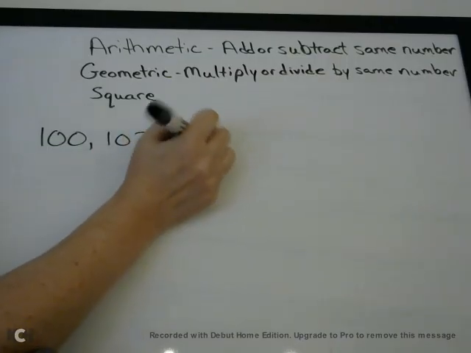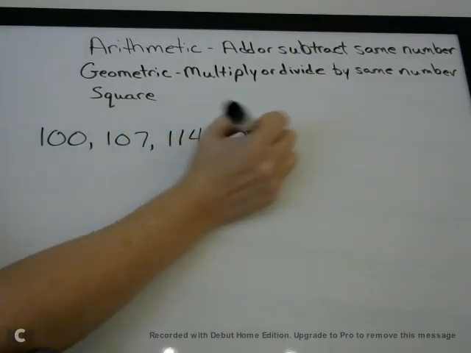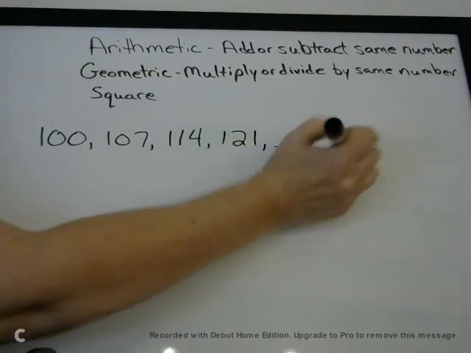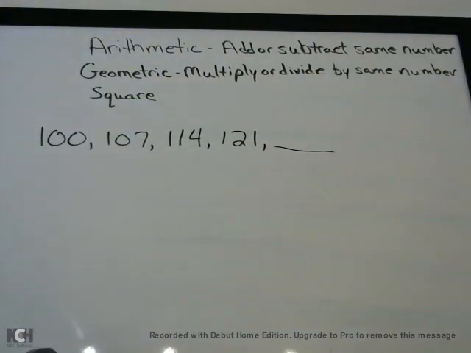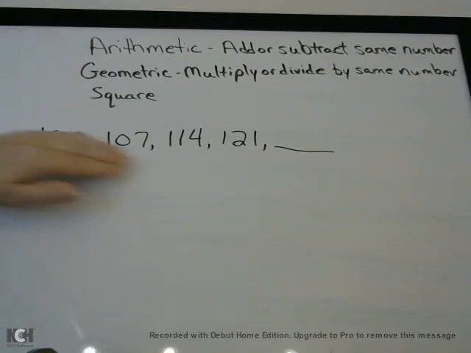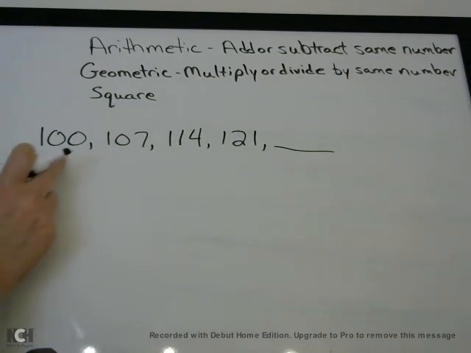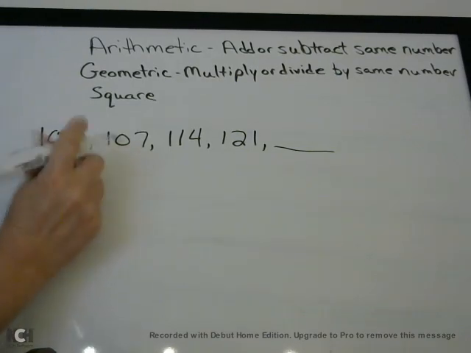They give you four numbers and then they say, what is the next number in this sequence? The first thing that you want to do is look, is it an arithmetic sequence? Meaning that they're adding or subtracting the same number to each item. So here, to go from 100 to 107, you add 7.